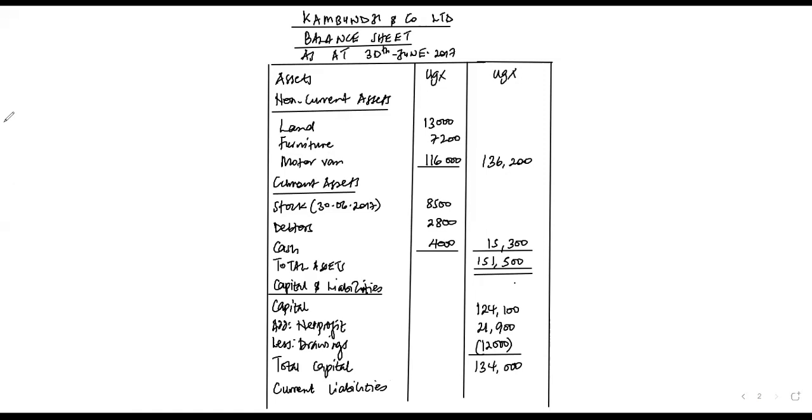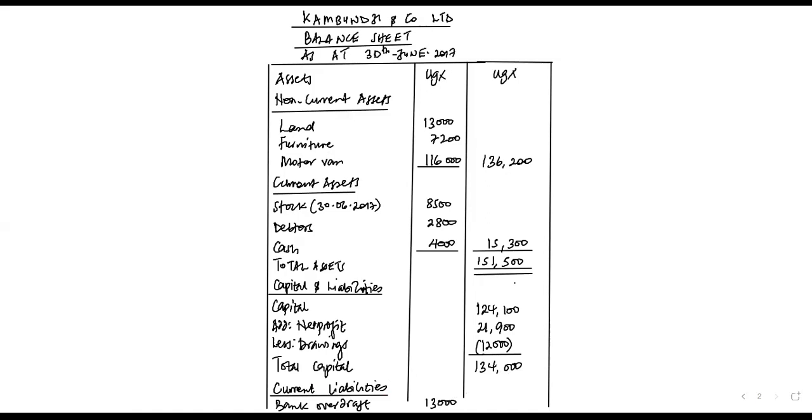Non-current liabilities, we don't have, but we have some current liabilities. Under current liabilities, we have the bank overdraft, 13,000.